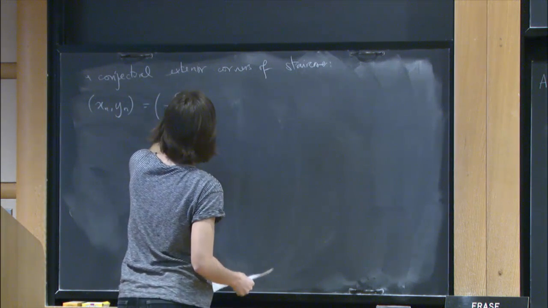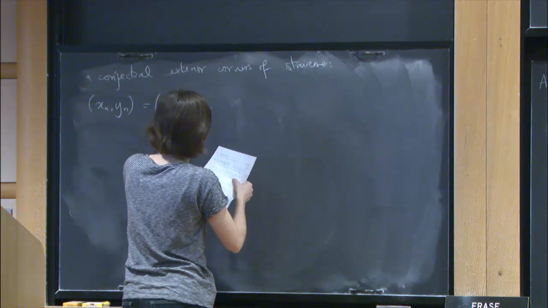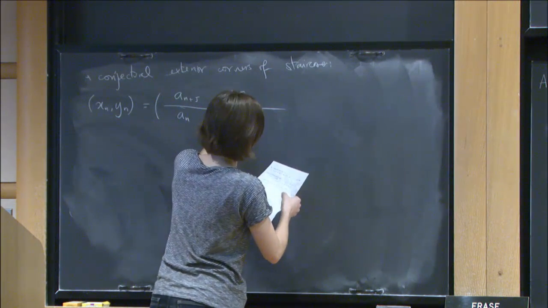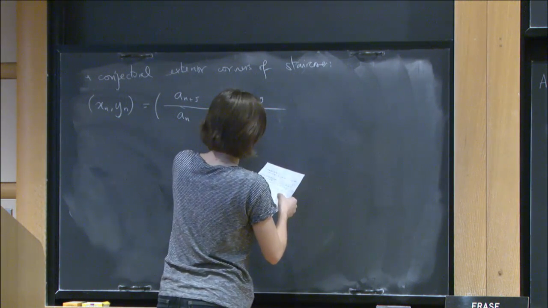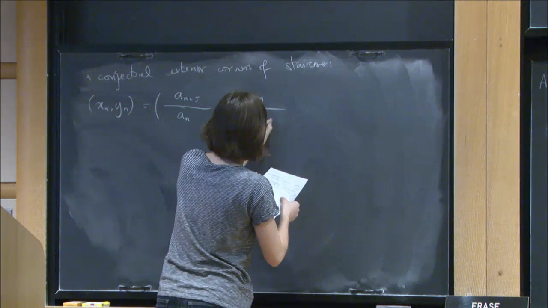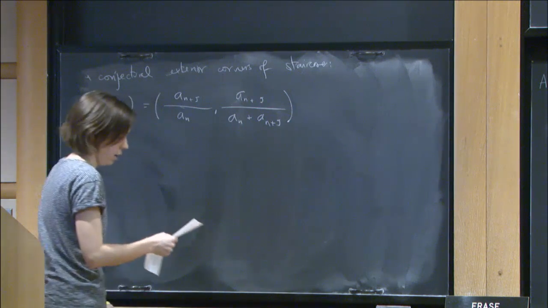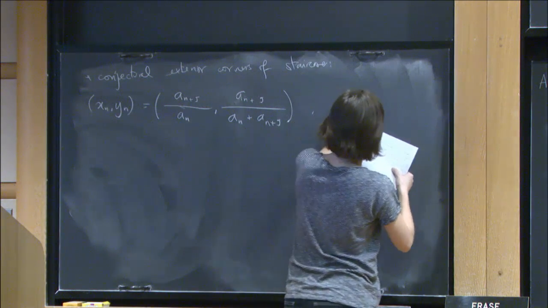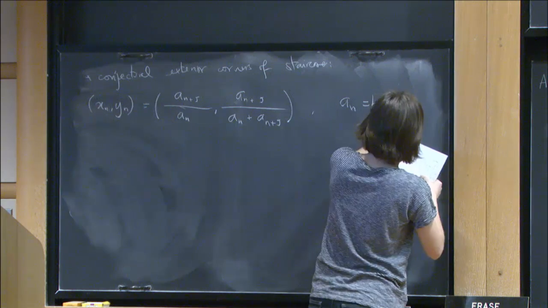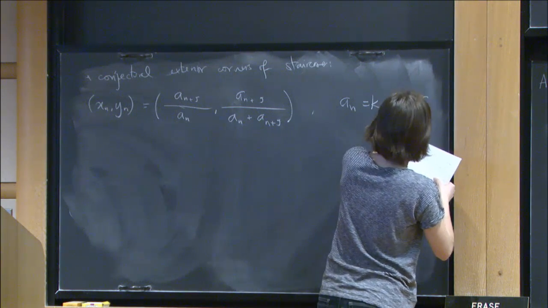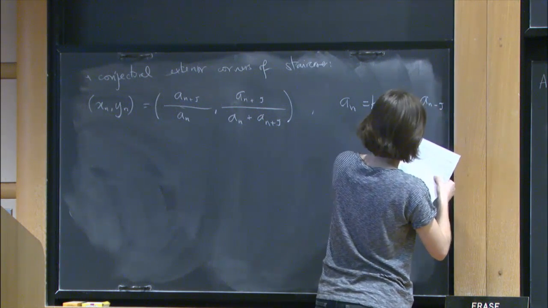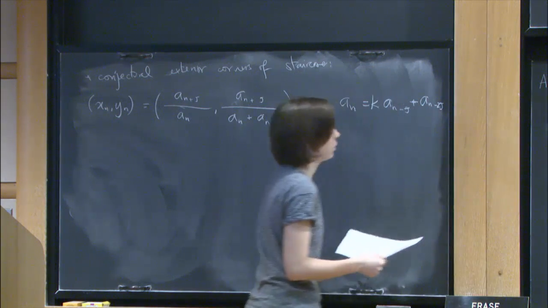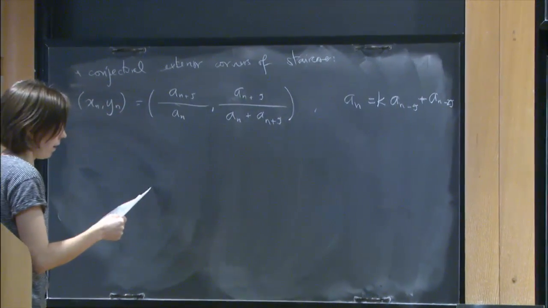So all that I want to say here is that it's given by some ratios of a recursive sequence. So an equals k, here's that k, minus j plus an minus 2j. There, a recursive sequence.